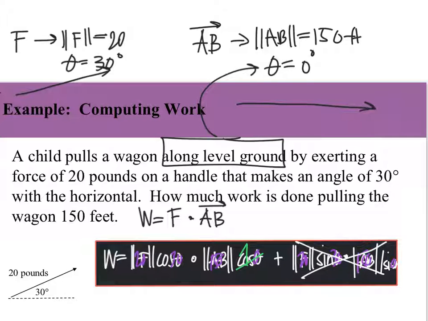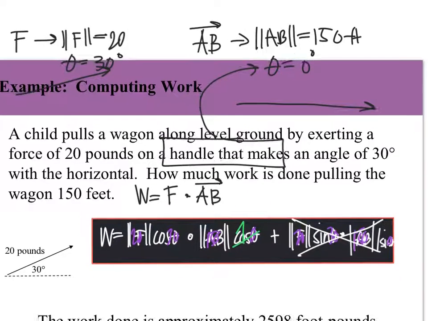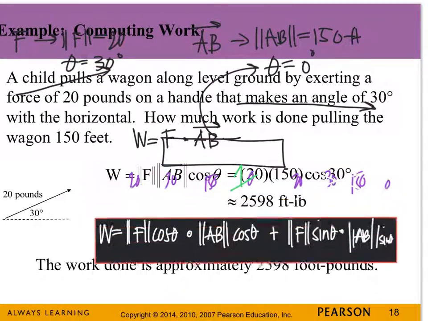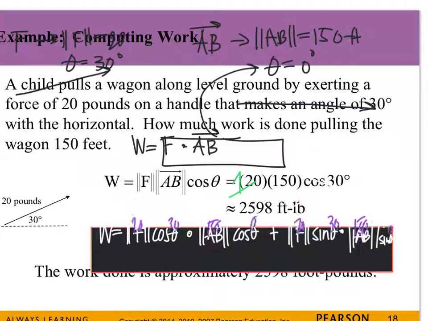so it simply becomes magnitude of F, magnitude of AB, cosine of 30, because cosine of the level ground is 1.